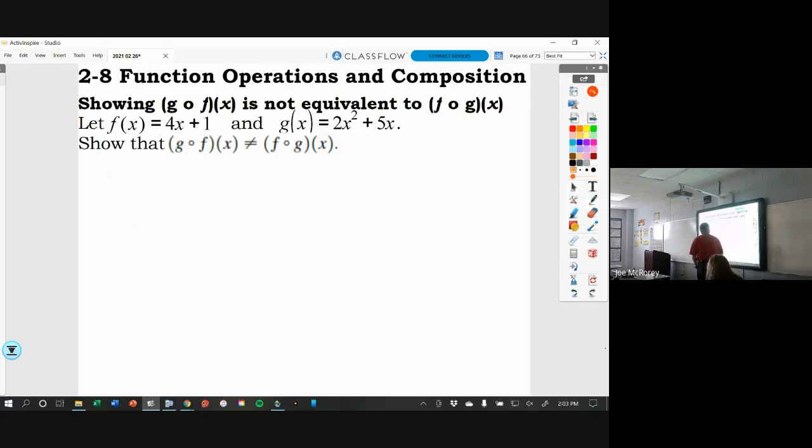So I'll start with g of f of x, which means take the g function and replace the x's with f of x. 2 times x, well that's 4x plus 1, squared plus 5 times 4x plus 1.